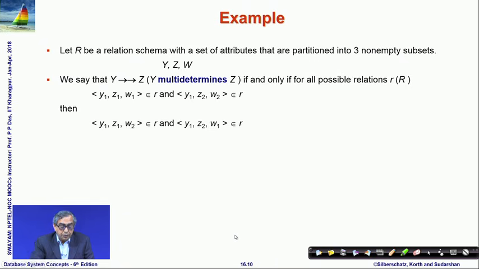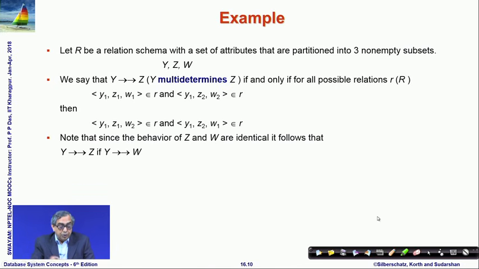So, this is just to tell you, if you have 3 non-empty sets of attributes Y, Z and W, then we say Y multi-determines Z if and only if these are the possible relations that I can have: Y1, Z1, W1 in a relation and Y1, Z2, W2 in the relation. Then I can have Y1, Z1 with W2 and Y1, Z2 with W1. That is, you can basically take the cross product of these other 2 attributes, and those are possible tuples in your relation.